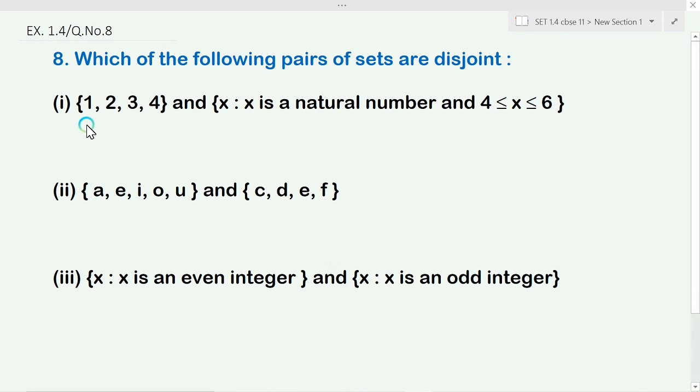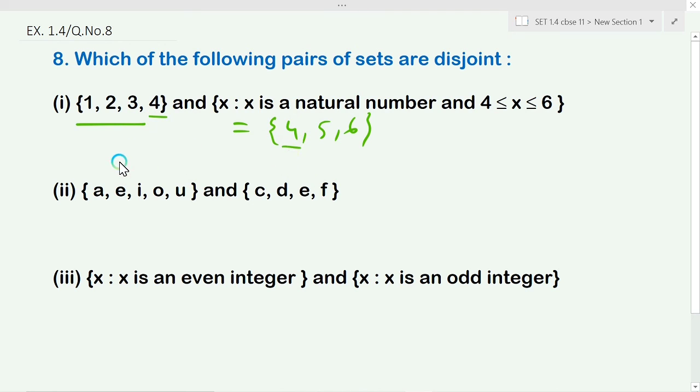So this is the first set. Now the second set will be 4, 5, 6. Between these two sets there are common elements, and the common element is 4.